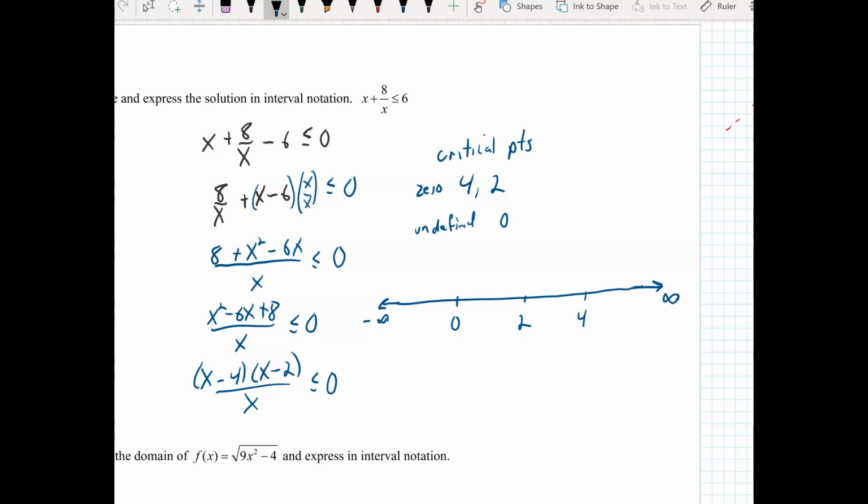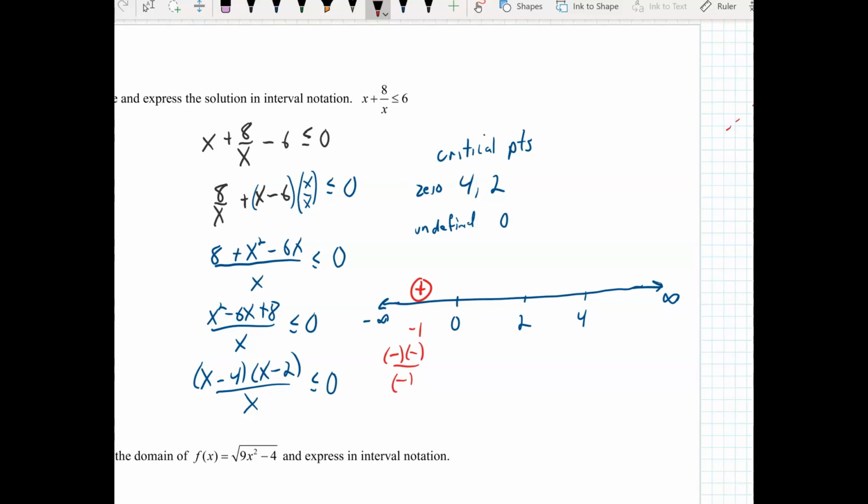Let's pick a test point of -1 here. When I plug in -1, I'm going to get a negative times a negative over a negative, and that is a positive over a negative.